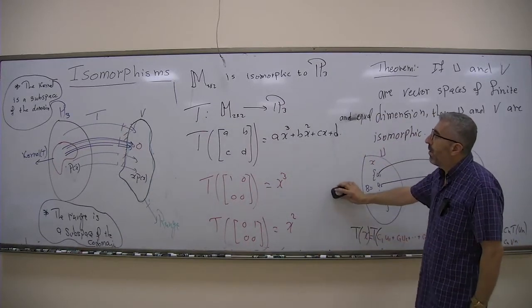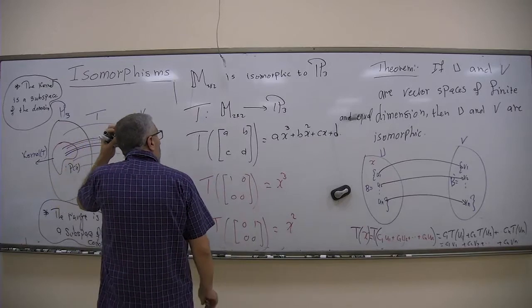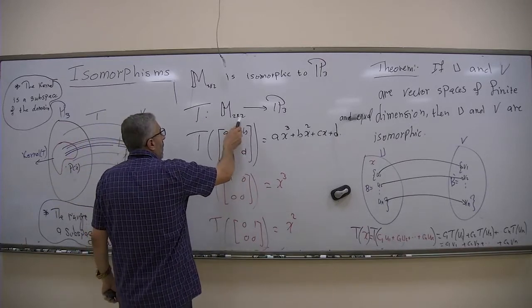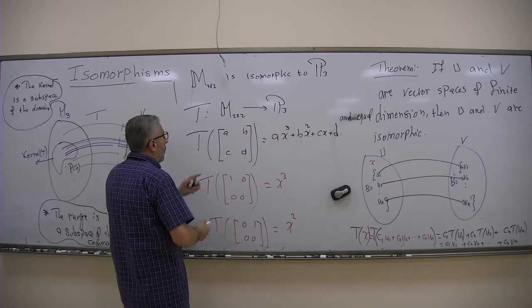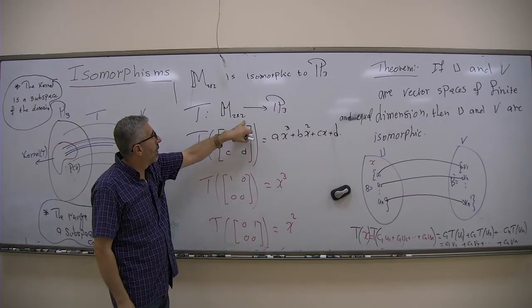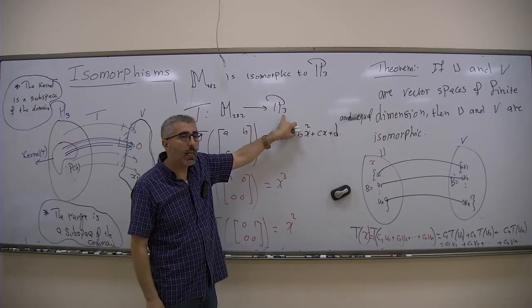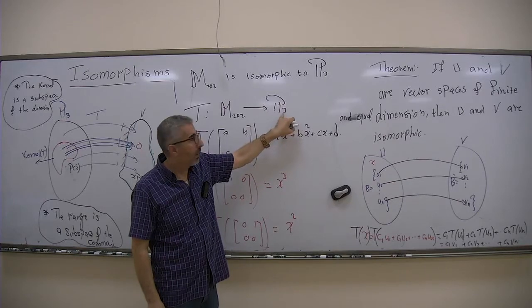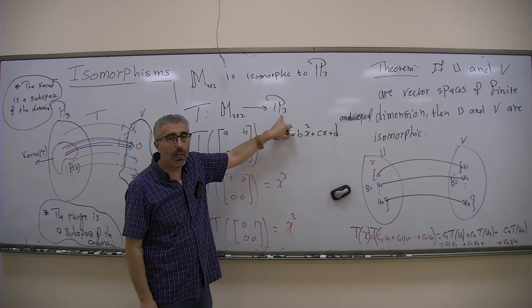Can you think about other isomorphic vector spaces? You can realize this. So if you take n by n here, you can make this what? N squared minus 1. Correct? N by n, here you need n squared minus 1.